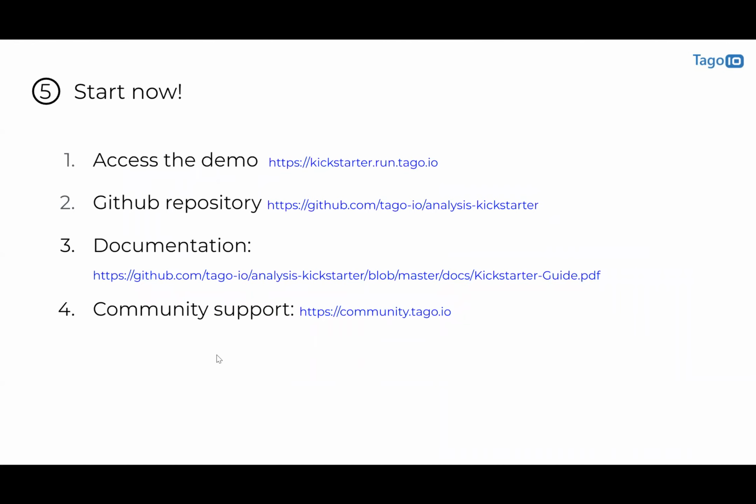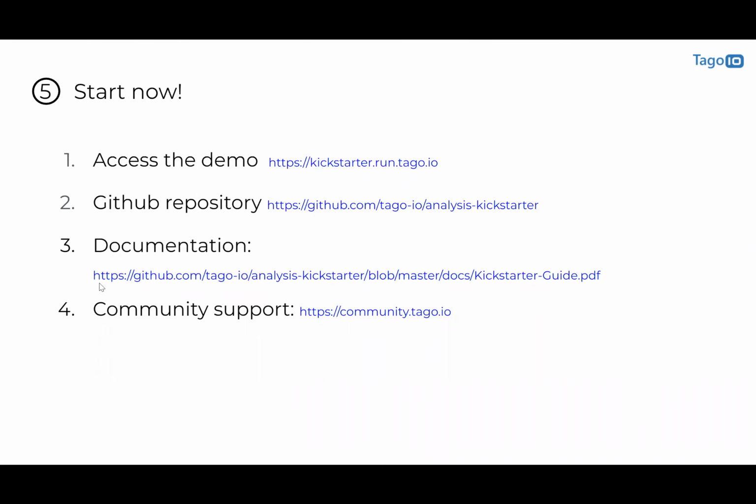So you can start using the Kickstarter now by accessing kickstarter.run.tago.io. This is a live demo where you can create your account, add some simulator sensors, and see how the dashboards work and all the features that we have in the Kickstarter. We have here the GitHub repository, so you can check the code and the documentation.